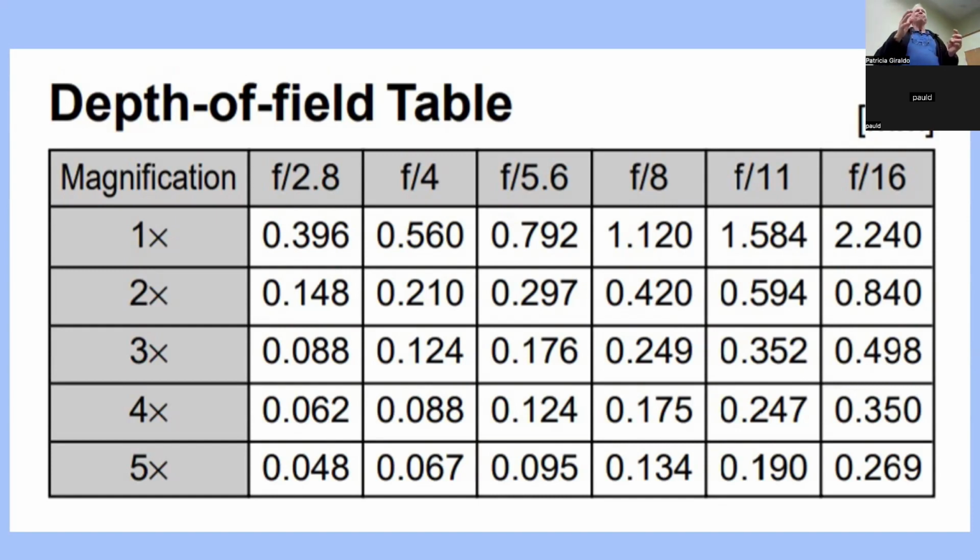Photoshop's good to about, I'm just going to pick a number, 30 pictures to stack. If you start getting more than that, you need to go to something like Helicon or Zerene. Those are the two programs for stacking multiple images.